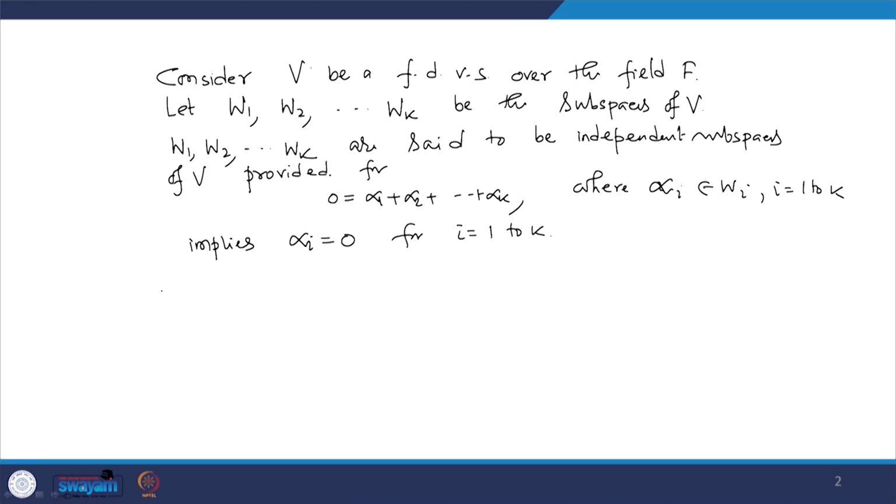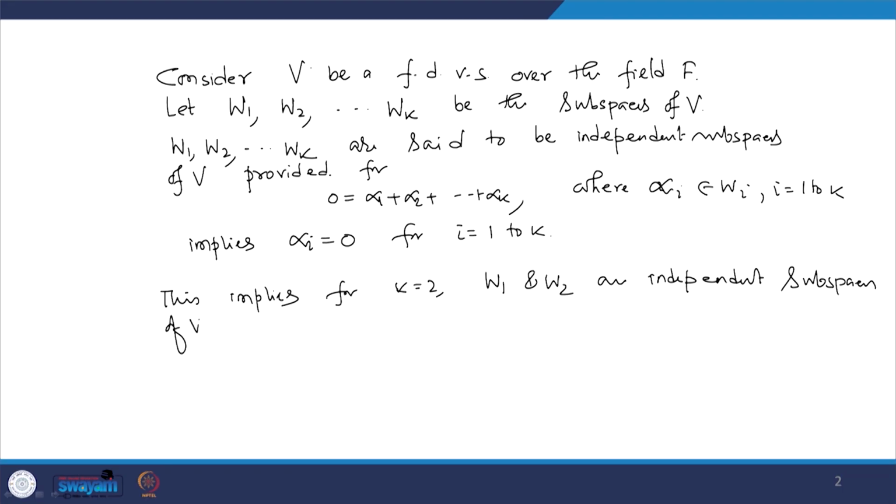So, this implies, for k equal to 2, W1 and W2 are independent subspaces of V, provided W1 intersection W2 equal to the 0 subspace.